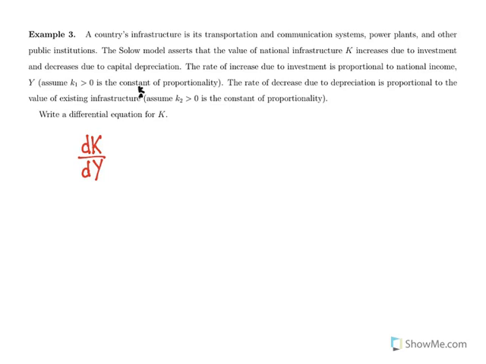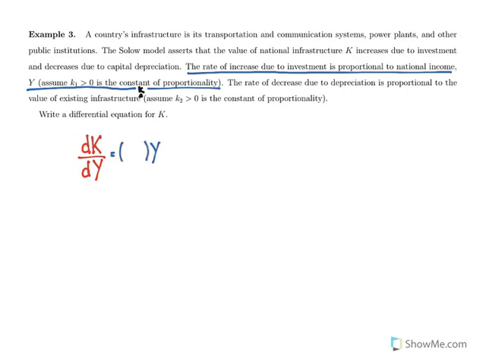You may think that the variable should be T, but we're given in this first little thing that K increases due to investment, right? And that investment depends on the national income, which is Y. So it is changing in terms of Y. All right, so the two parts here is we have the rate of increase due to investment is proportional to national income Y. So there is our proportional to Y, right?